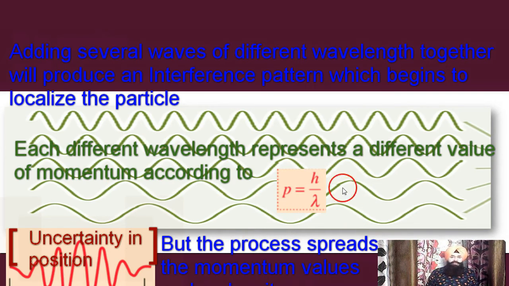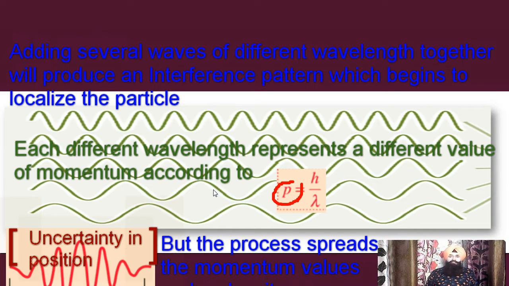So if there is a large number of lambdas, there is a large number of momenta. With such a large number of momenta, finding the true momentum of the wave packet becomes very difficult, very uncertain.